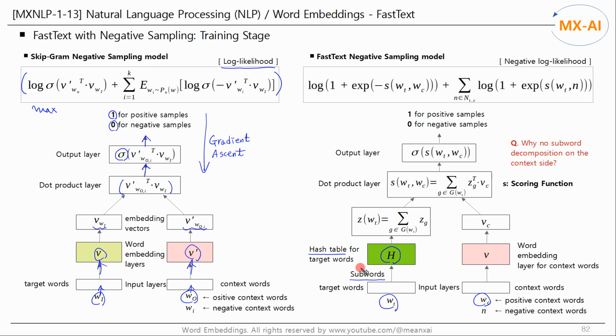Each subword is mapped to a row in the hash table. The embedding vectors of all the subwords are then summed together to produce the vector representation of the target word. Meanwhile, the context word is passed through a standard embedding layer, which produces its embedding vector.